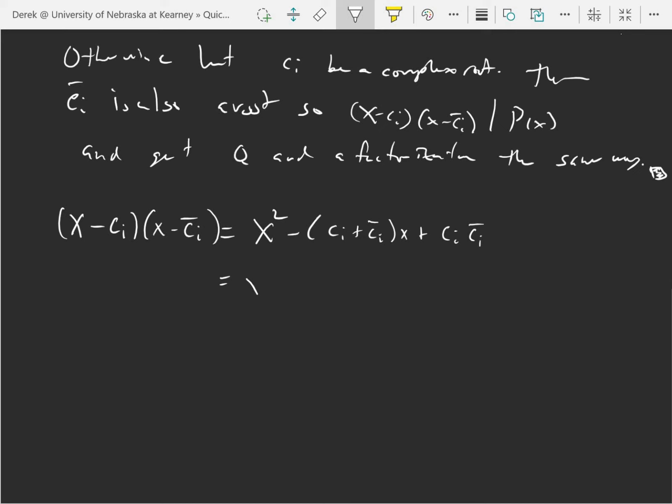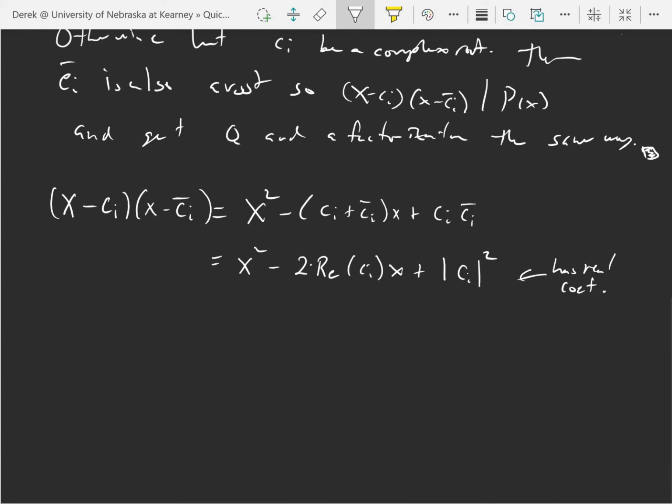This is equal to x squared minus 2 times the real part of c_i times x, because for conjugates, when you add them together, the imaginary parts cancel, plus the magnitude of c_i squared, which is also real. So this has real coefficients.